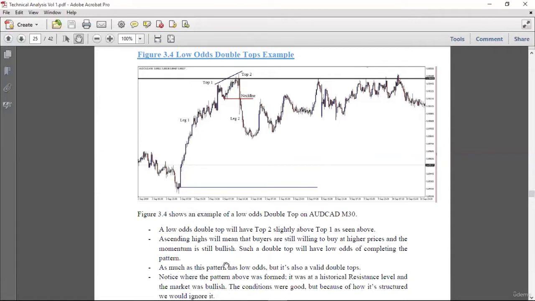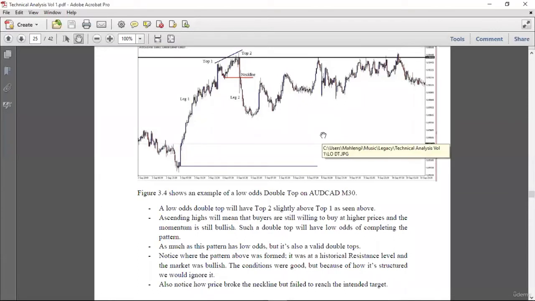As much as this pattern has low odds, it's also a valid double top because it did create two tops. Okay. Notice where the pattern above was formed. It was at a historical resistance level, and the market was bullish.